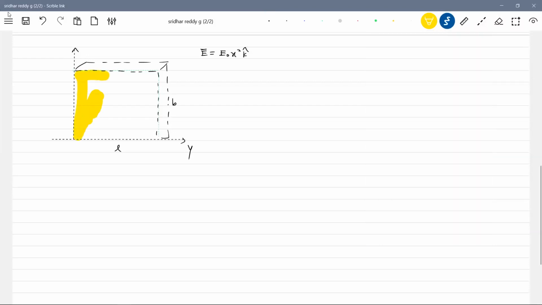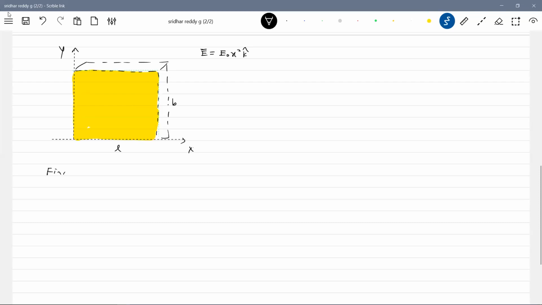Look at the electric field. Is it constant? No, it's variable. At different points it'll be different, directed along that axis. There is a surface lying in the XY plane, and we have to calculate the flux through this given surface.